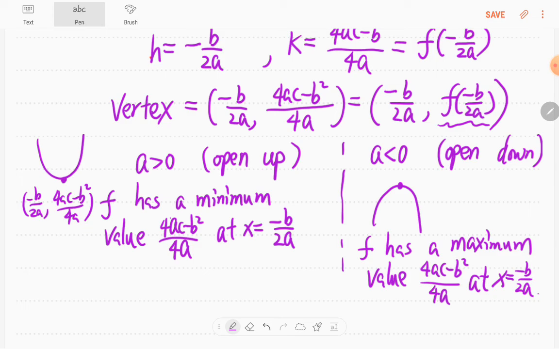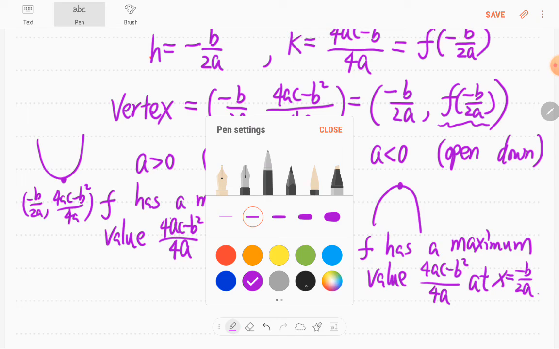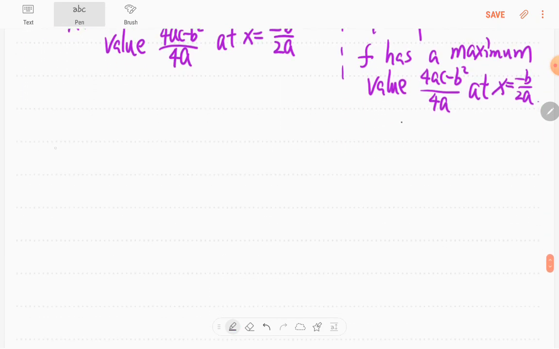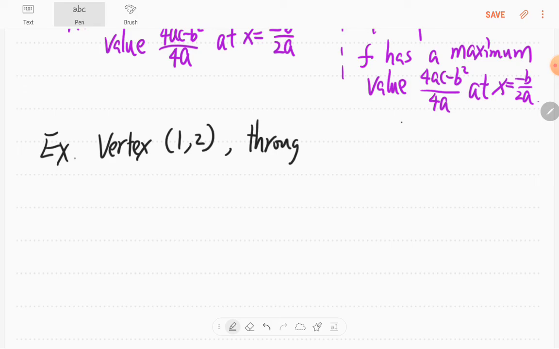Okay, so now let's look at one example. Suppose you are given that the vertex is (1, 2), and this quadratic function goes through the point (3, negative 6). In other words, this point is on the curve.